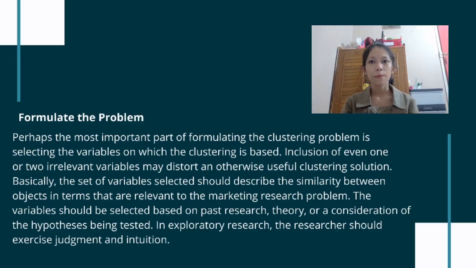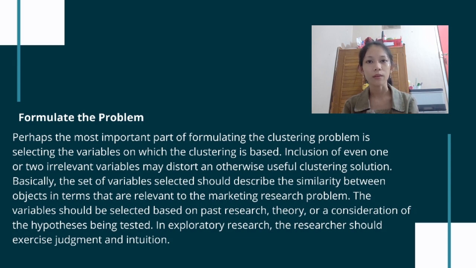Formulate the problem. Perhaps the most important part of formulating the clustering problem is selecting the variables on which the clustering is based. Inclusion of even one or two irrelevant variables might distort an otherwise useful clustering solution.